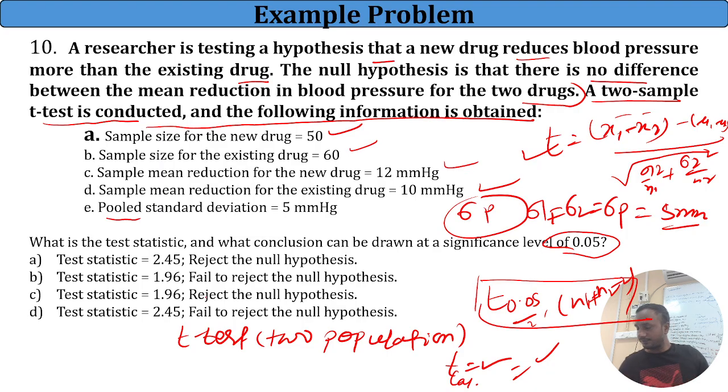Is it? Sir, where to put pooled standard deviation value? Here. Sigma 1 and sigma 2 are the same now, both 5. Pooled standard deviation means it is the same for both.